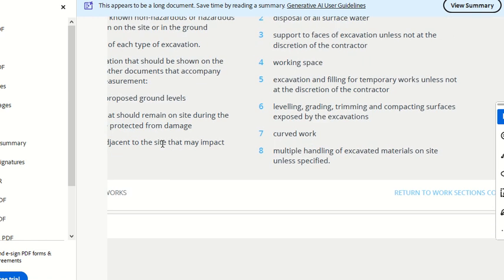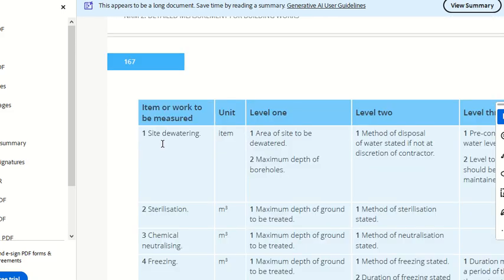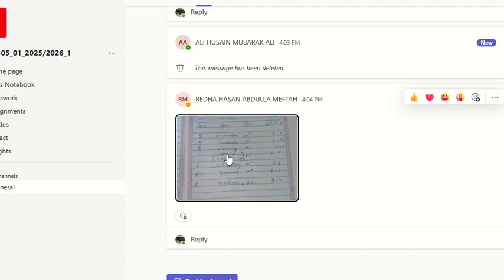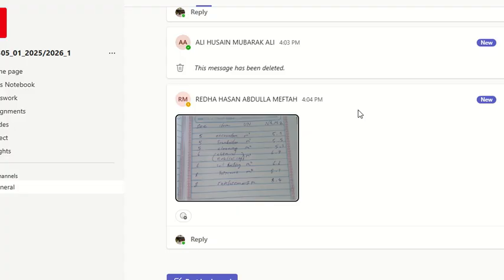No, there was something about the foundations. Did you open ours? Because I think it's different. Five. 5.5.